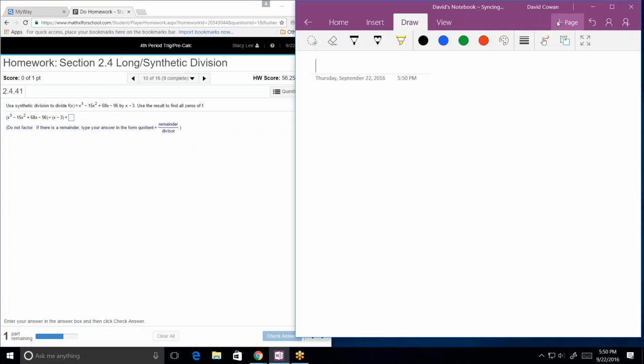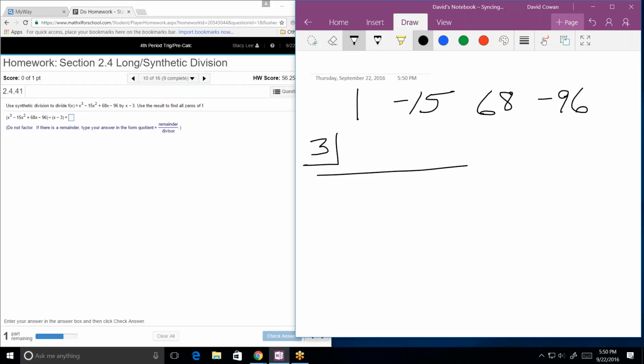So the polynomial is x cubed minus 15x squared plus 68x minus 96. We're dividing it by x minus 3. So 3 goes in the box.